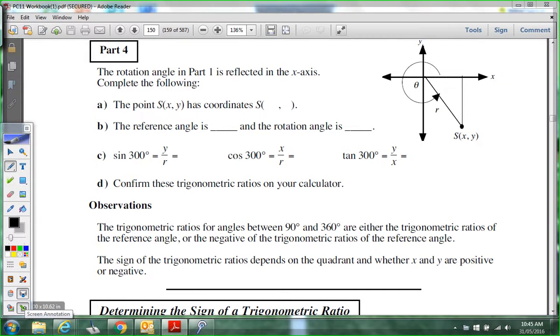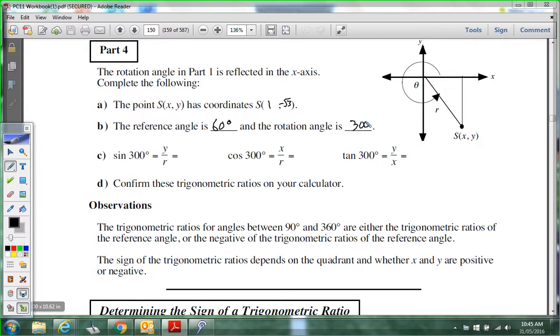Okay, so again, we reflected it one more time. So this time we're going to have a 1 and a negative root 3. The reference angle is still 60. Okay, what's the rotation angle? What's that? 300, correct. This is 360 minus 60, 300. Okay, so here's the ratios.